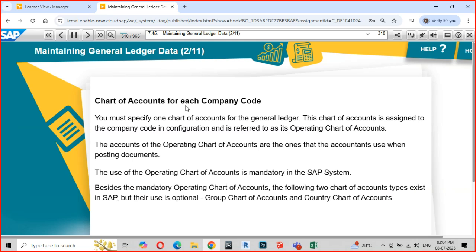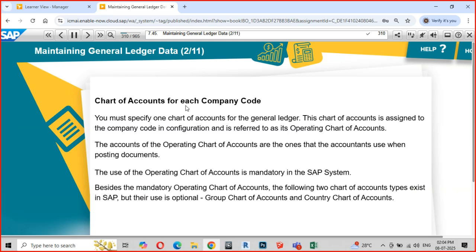Please mark my words, the finance consultant is the owner of this particular entity, the company code. And now we are talking about the chart of accounts. Now, what exactly is this chart of accounts? Probably the whole of these 2 hours, up to 4 o'clock, we are going to talk about only the chart of accounts.